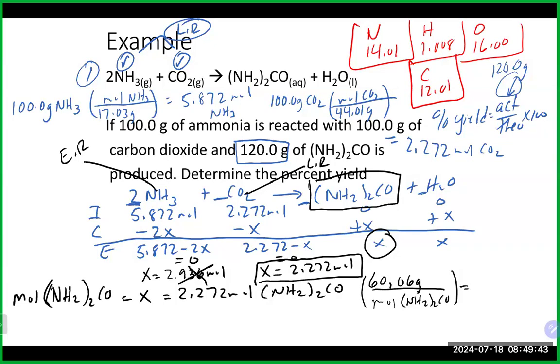And that is going to get us then 2.272 times 60.06, about 136.5 grams of our product. That would be our theoretical yield, which is what we need for our percent yield.